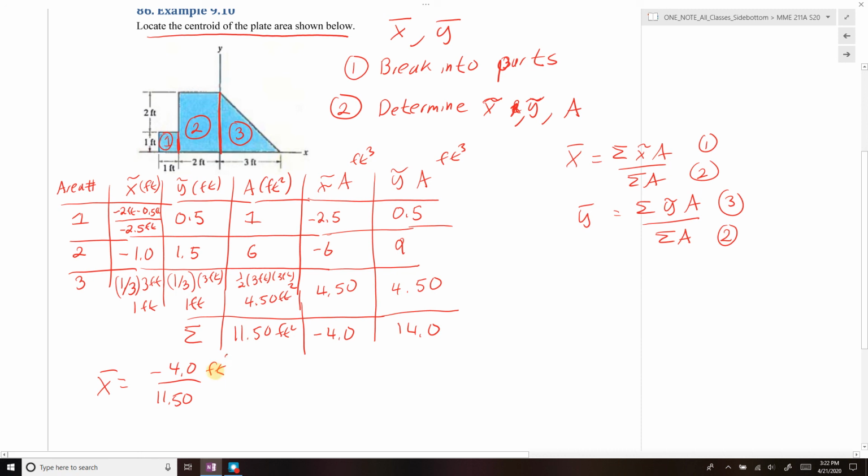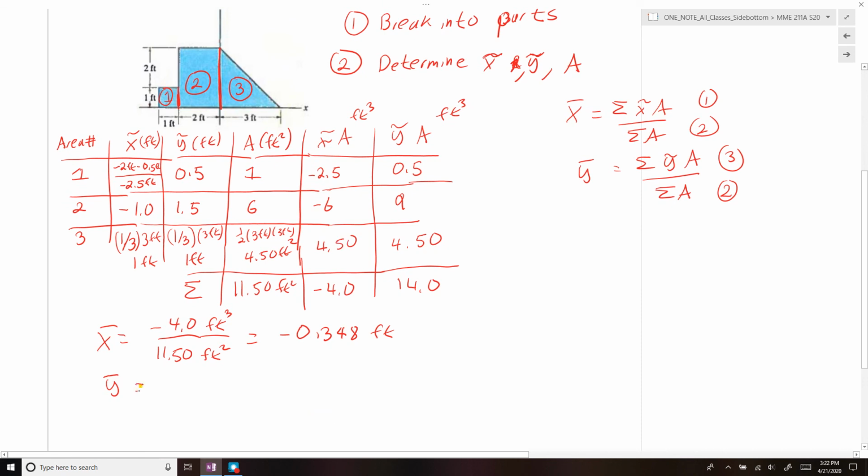This would be feet cubed divided by feet squared. So we would get minus 0.348 feet. And then our y bar would be equal to 14.0 feet cubed divided by 11.50 feet squared, and that would be equal to 1.22 feet.